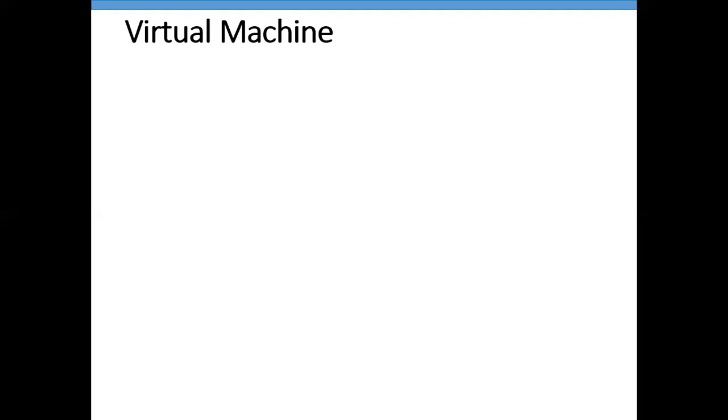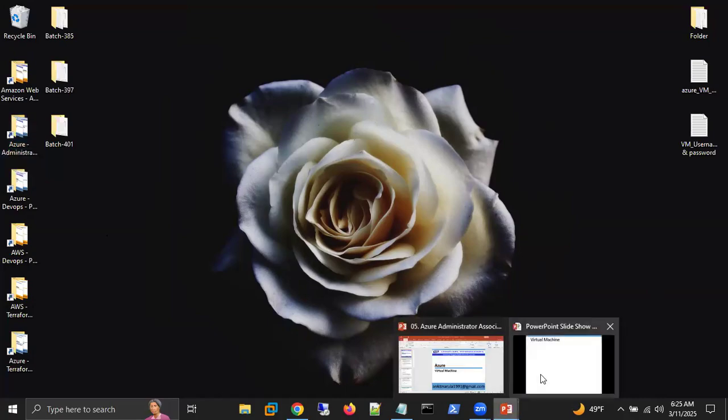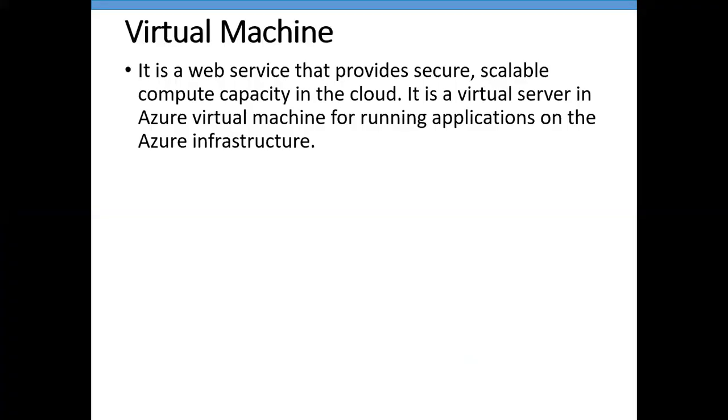Like this is my laptop right now, you are able to see my screen. I have created these folders and installed some software in my computer. The same thing I can do by creating one more computer in Azure, and under that I can do whatever I want.